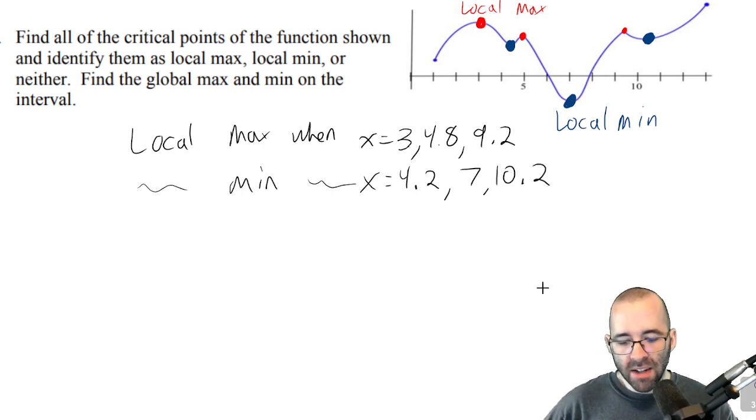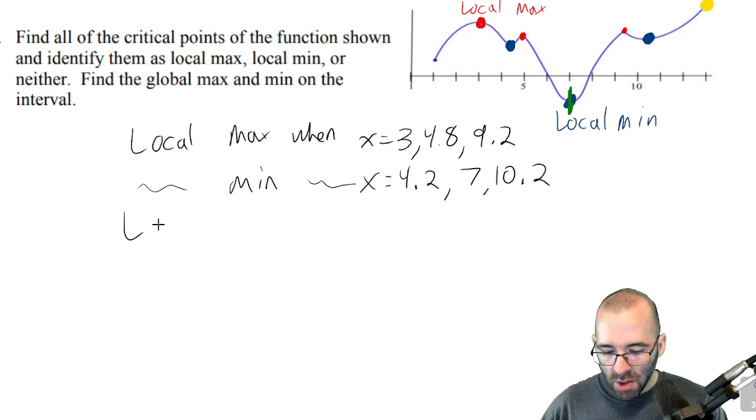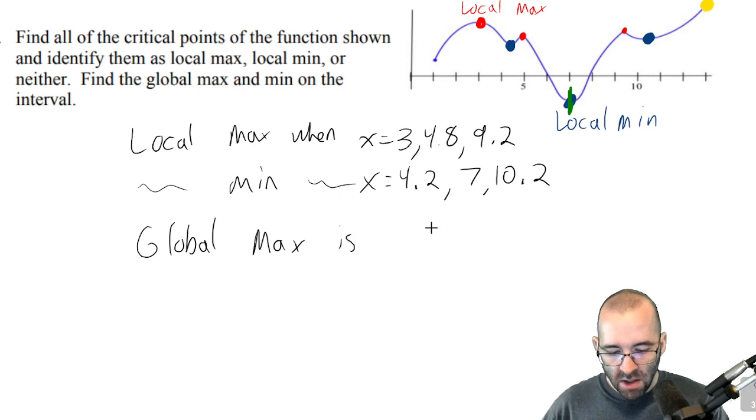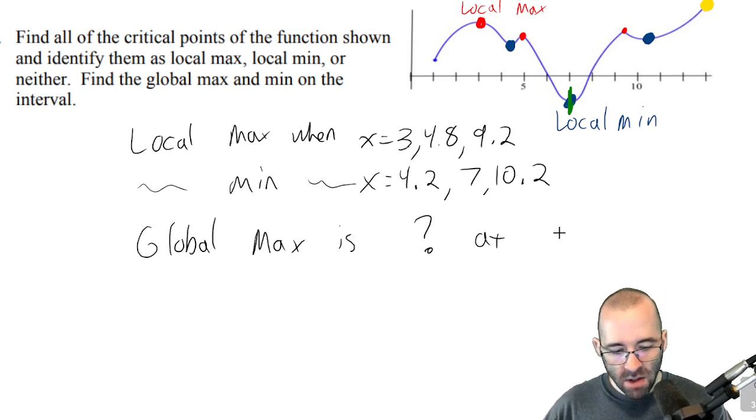And then we can find the global max and min as well. That will either be at a critical point or at an endpoint. So the biggest the function ever gets is up here. The smallest the function ever gets is right there. So we can say global or absolute max is, I don't know, it doesn't tell us the y value, but that's going to be when x is 13.